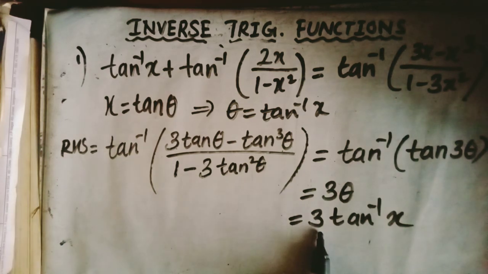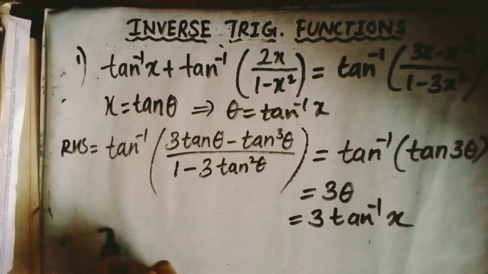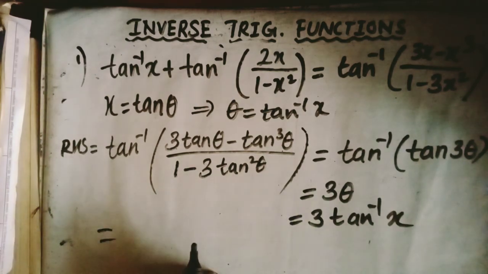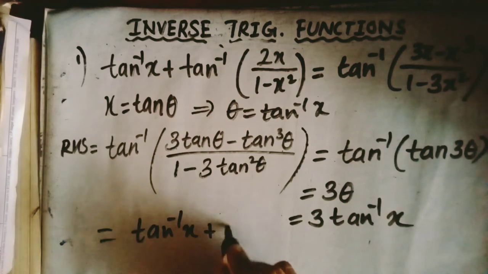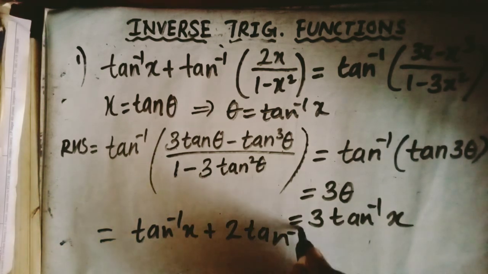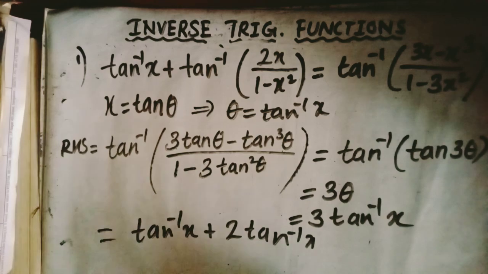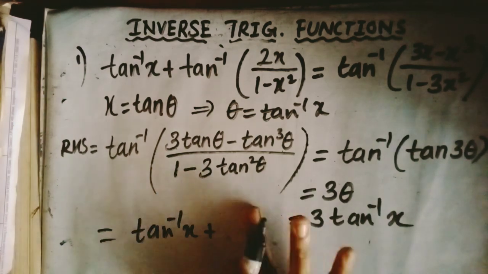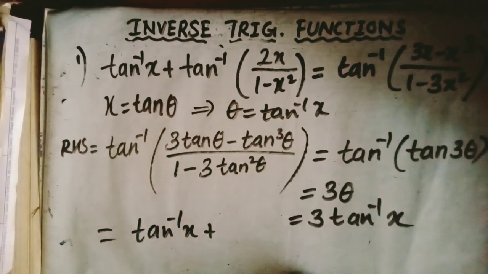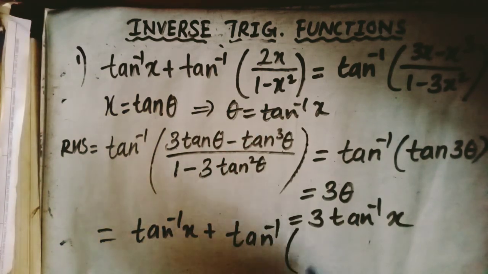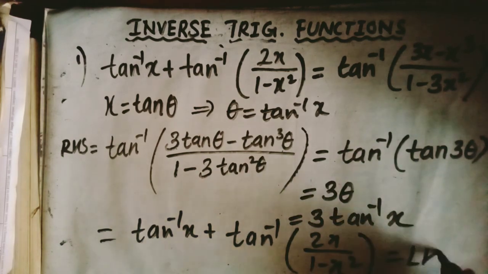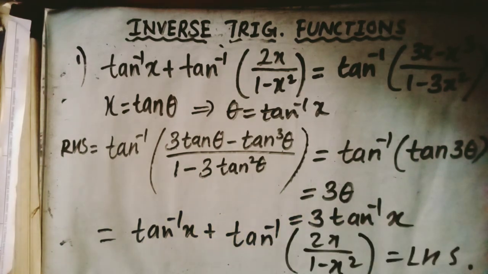Okay, so this is 3 tan inverse of x, so you can split it, you can write it as tan inverse of x plus 2 tan inverse of x. Now 2 tan inverse of x we can again substitute using the property which we have learned in trigonometric identities, that is tan inverse of 2x upon 1 minus x square, and this is our LHS. Okay, so this is our required result.